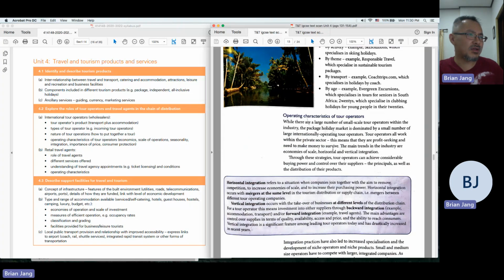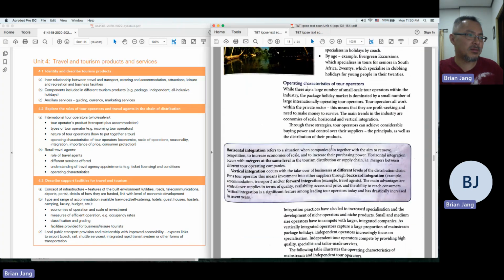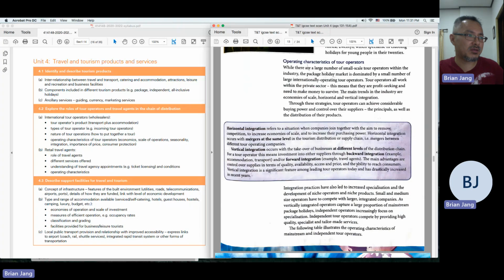All right, operating characteristics. You could go over this box. The slides help you better understand this. Horizontal integration and vertical integration. I don't think I've ever seen a past paper, unless it's a really long time ago, that actually covered this. So if you don't have time, don't review that part.